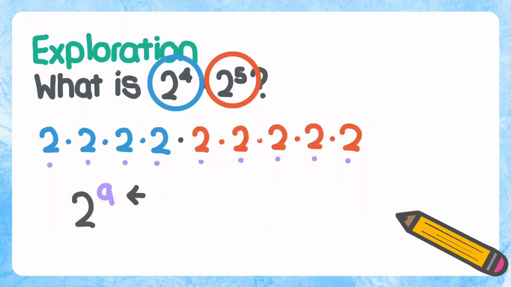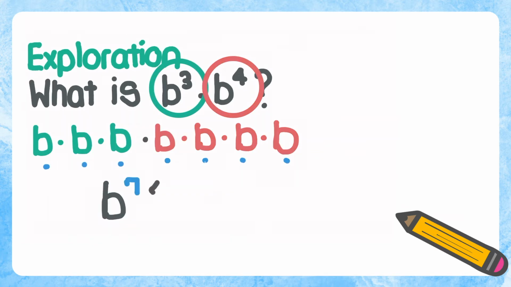Let's go back to the first exploration. Do we notice anything about the powers? Does 4 plus 5 equal 9? And in the second exploration, does 3 plus 4 equal 7? Yes.